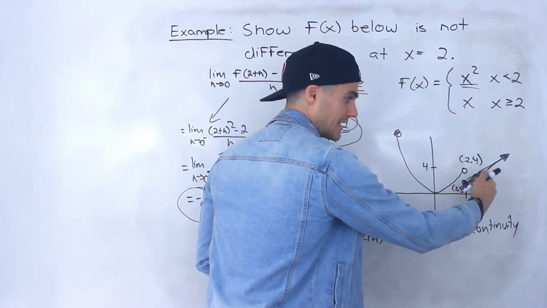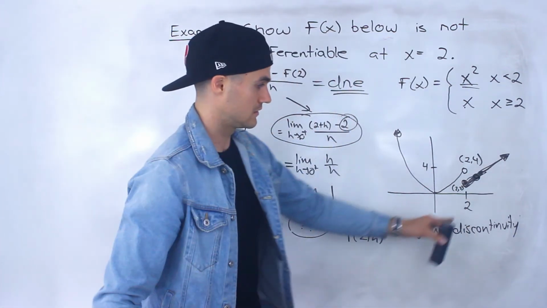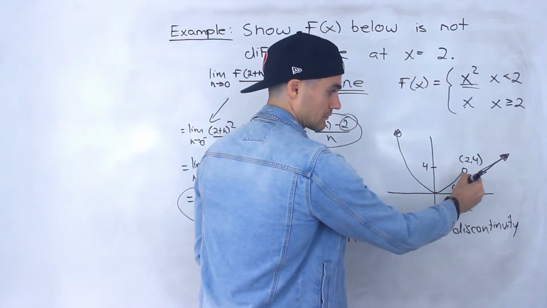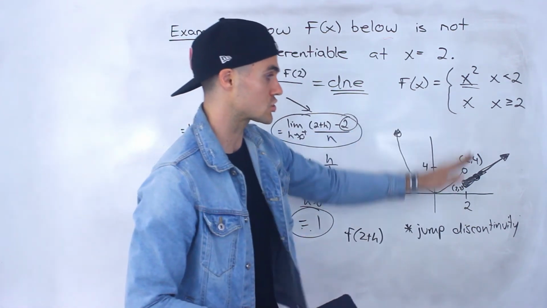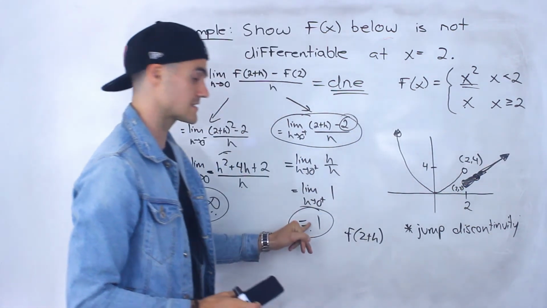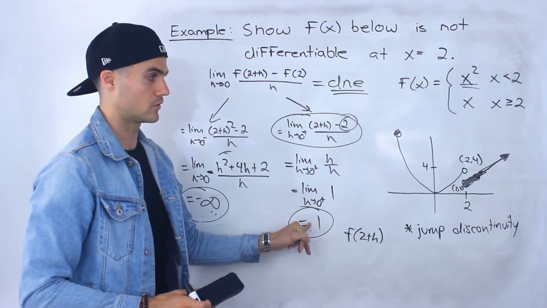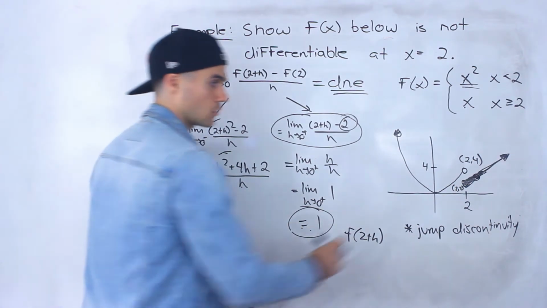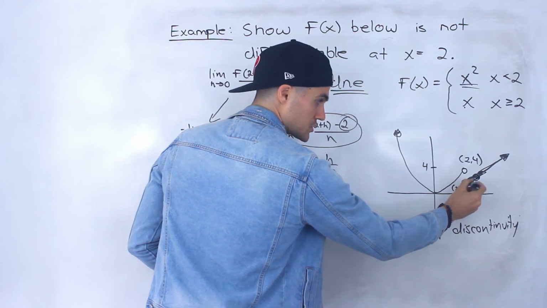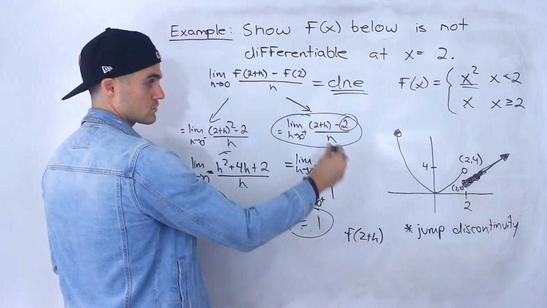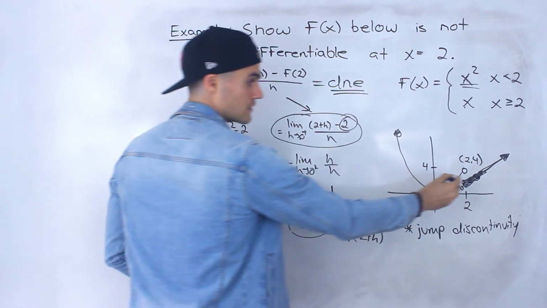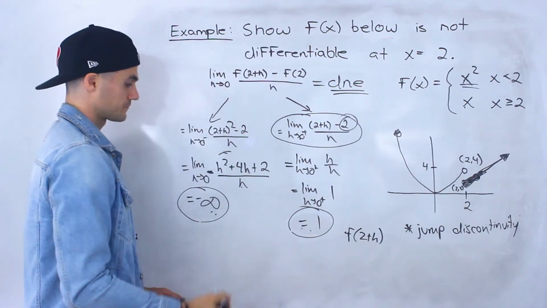No matter how close we get from the right side of 2, that's always going to end up being that slope of 1, which is the slope of this line. Hence, why we got 1 over here. The slope between this point, 2 and 2, and another point that's really close to the right of 2, because this h is positive, is just 1.